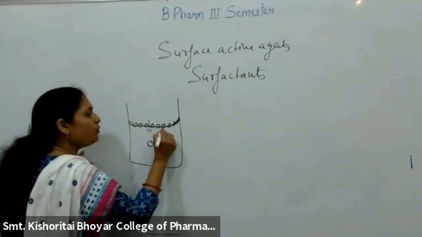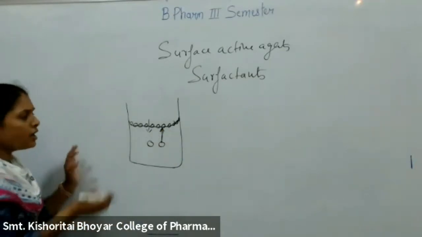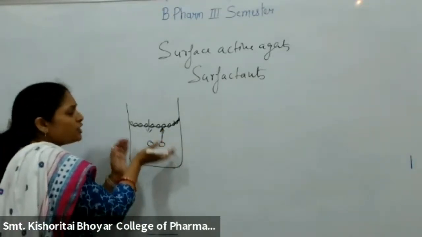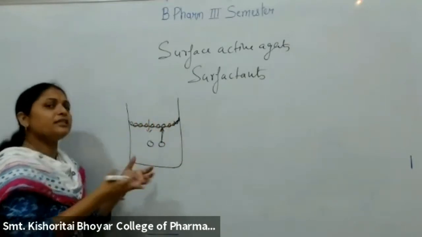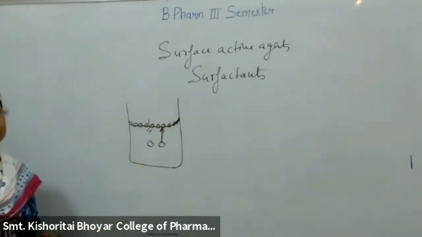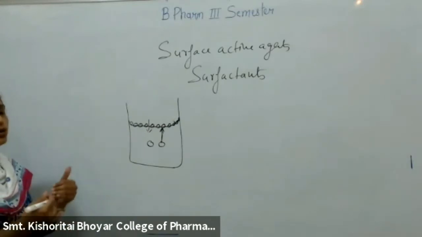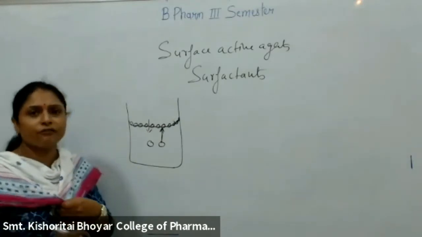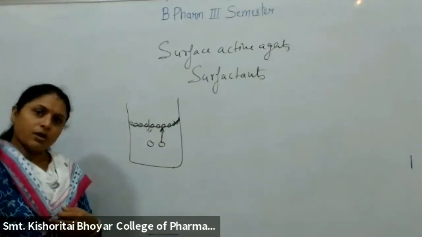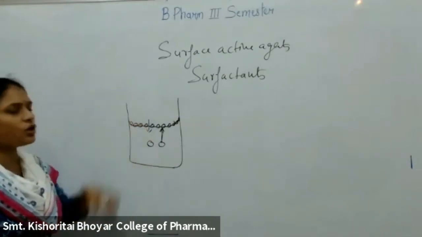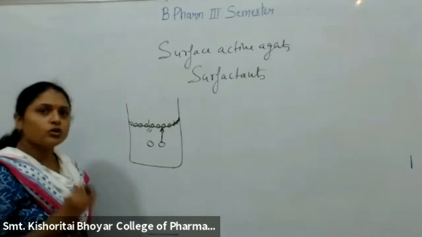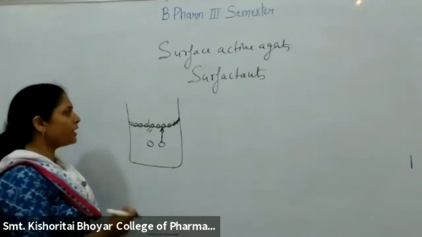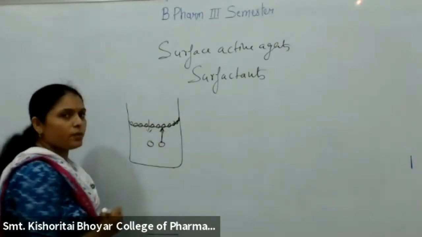So when we are doing this, work is done, as we have to take more molecules out of the bulk and bring them to the surface, and thereby there will be an increase in surface area. Opposite to this, if you want to decrease the surface area, then what will happen? If we are adding something here, that material can go into the bulk.